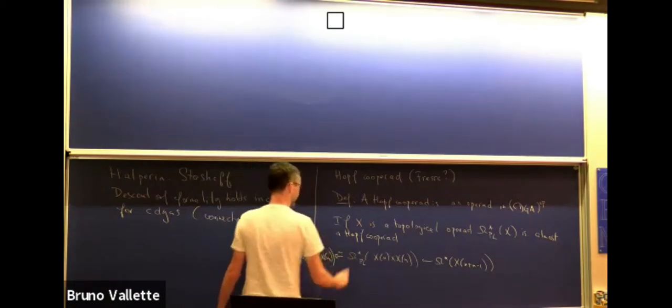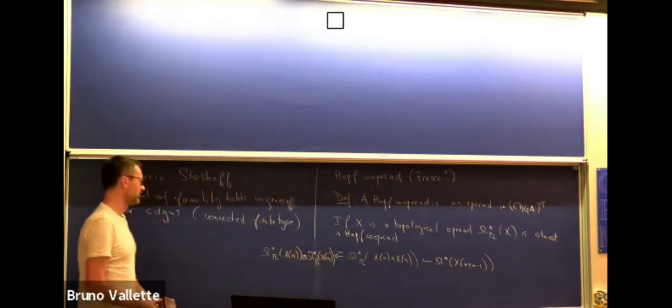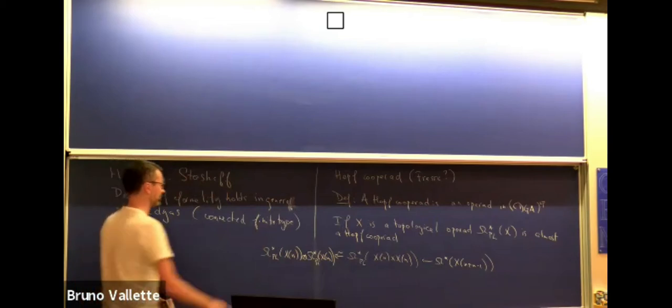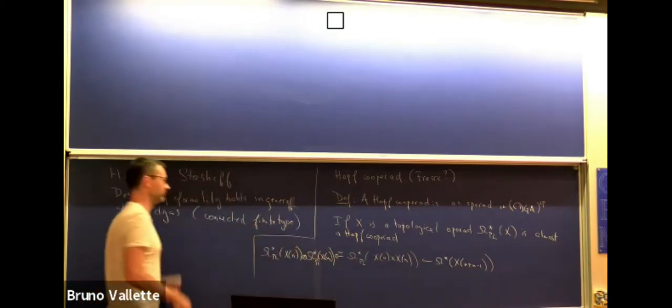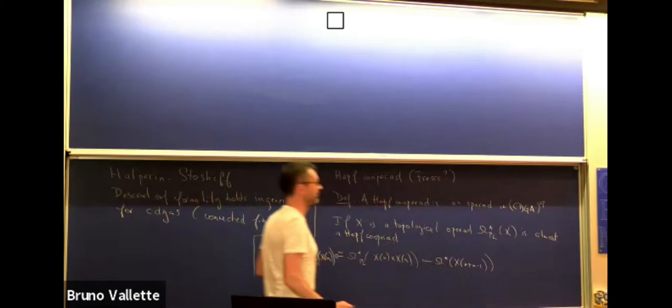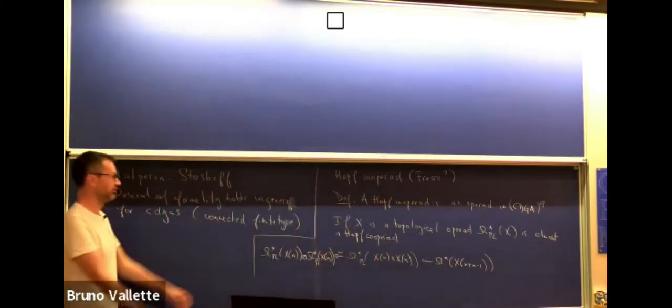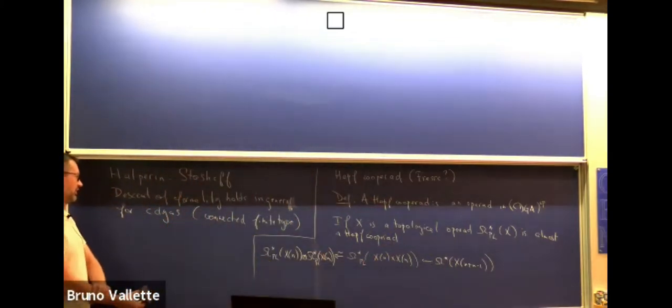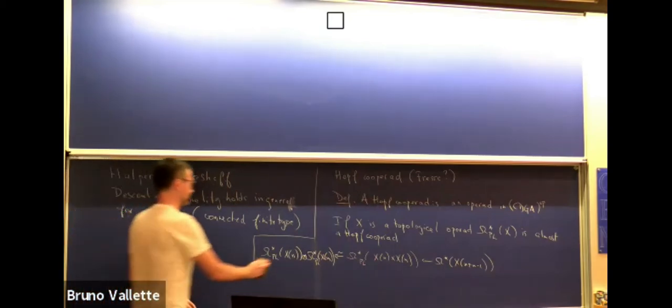And this map is a quasi-isomorphism by the Künneth isomorphism. So it's not quite a Hopf operad, but you still have this zigzag, which you should think of as the trace of the operadic composition in X.